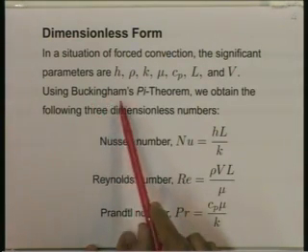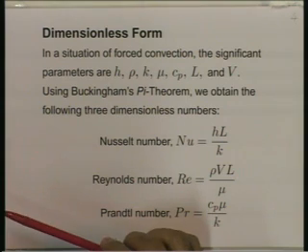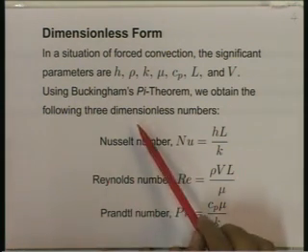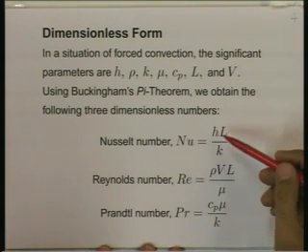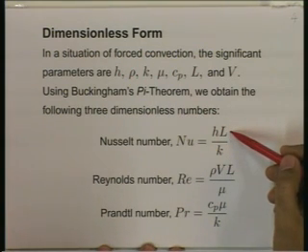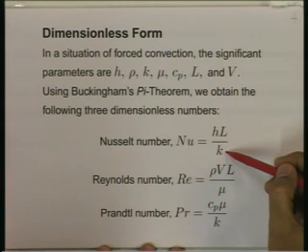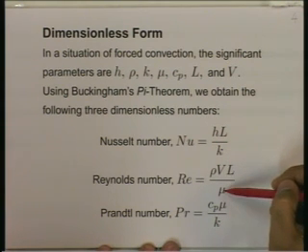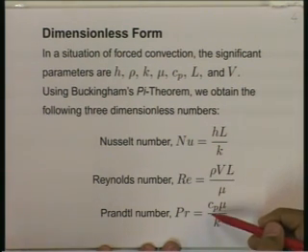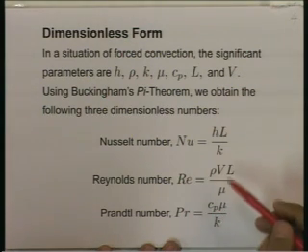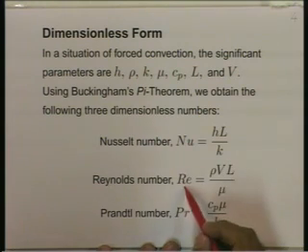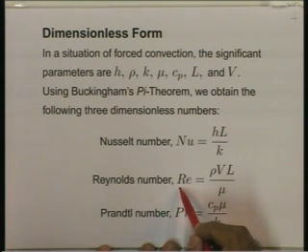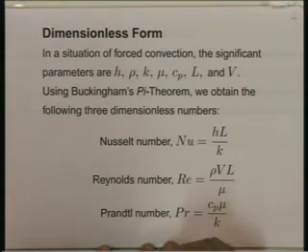If you use Buckingham's Pi-Theorem, we obtain the following three dimensionless numbers. One turns out to be hL by k, another rho V L by mu, and the third Cp mu by k. This rho V L by mu, we already know as Reynolds number, so there is nothing new about it.